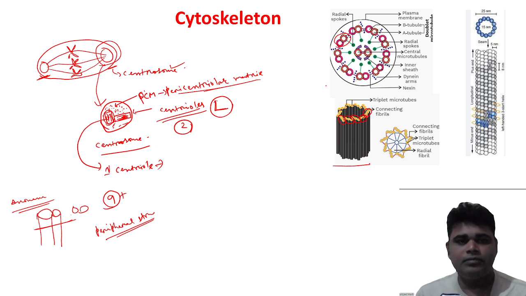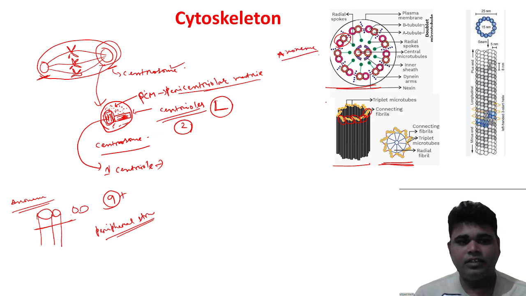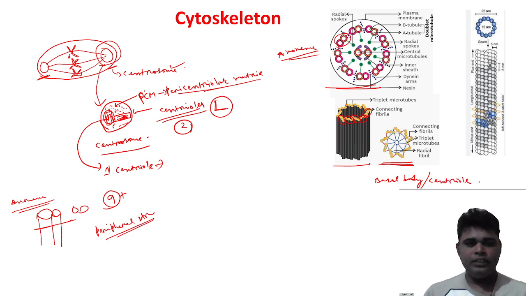So this is the axoneme structure. Now the basal body looks like this. That means this is the axoneme structure, and this is the basal body, which is similar to the centriole. So in the basal body of the centriole, the same structure is present, but what is the difference in the axoneme?